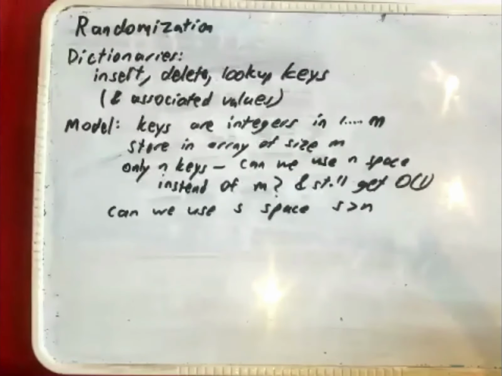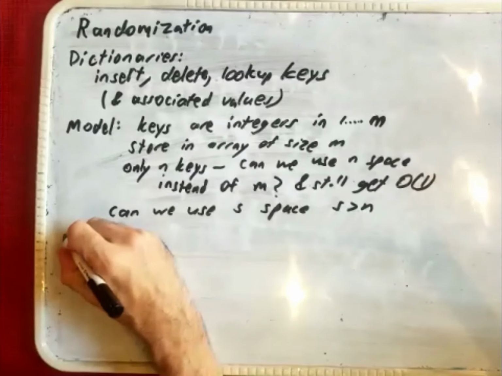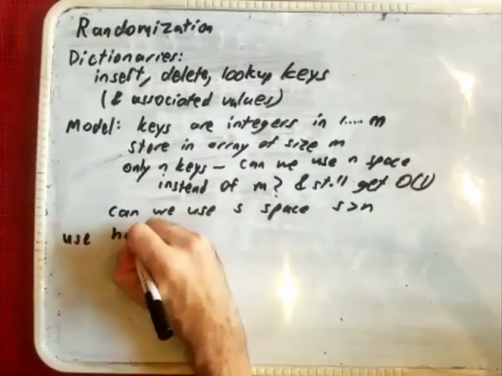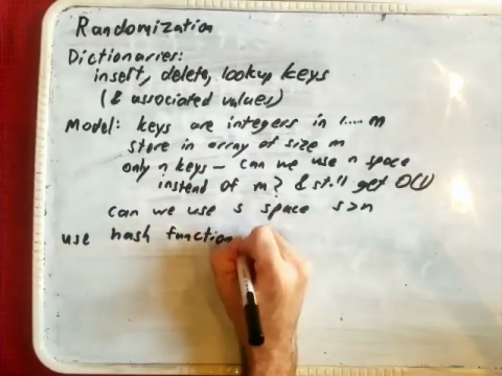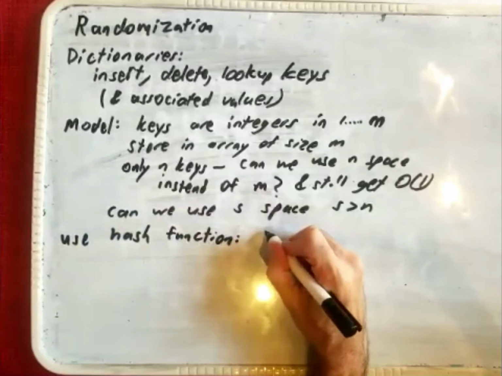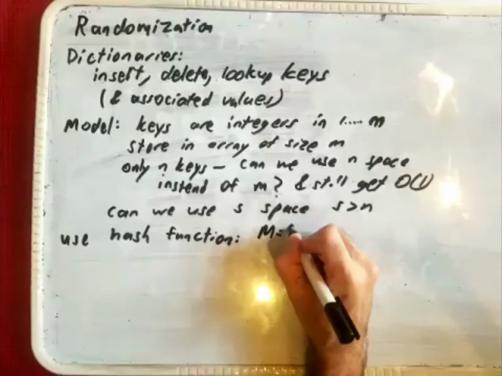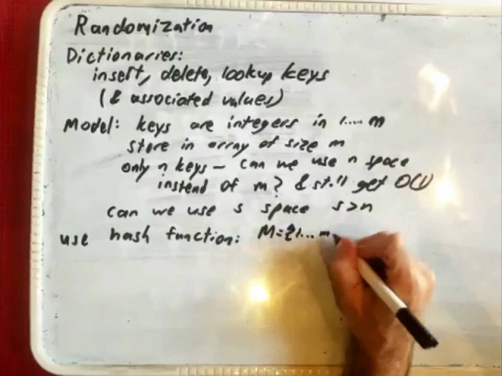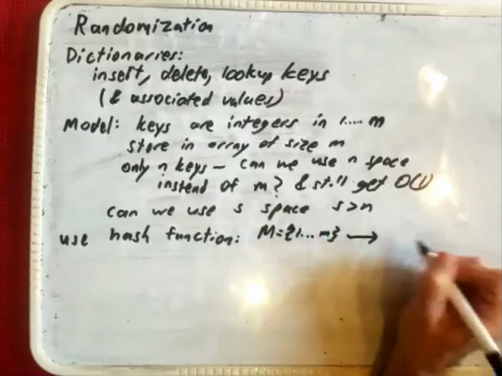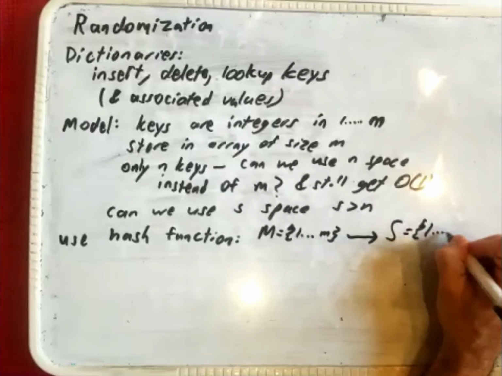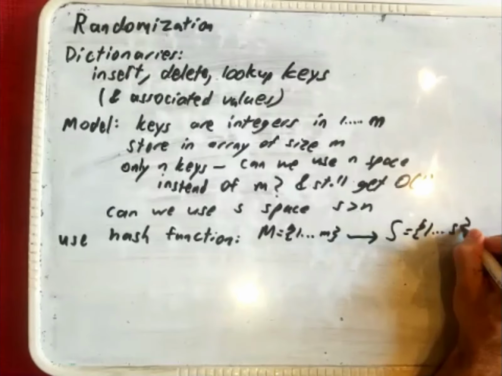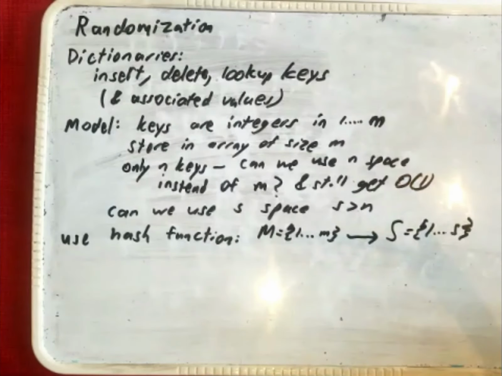There's a general approach to this where we define some hash function which maps all of our keys, the range 1 to m, into the smaller space of an array of size s.